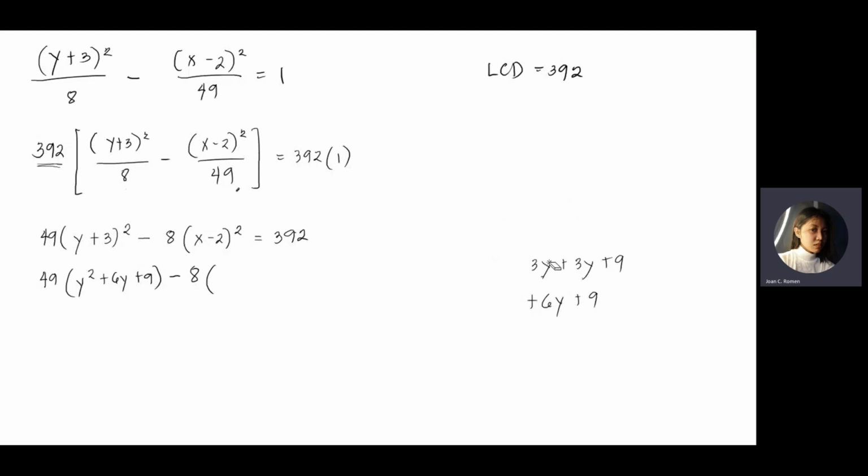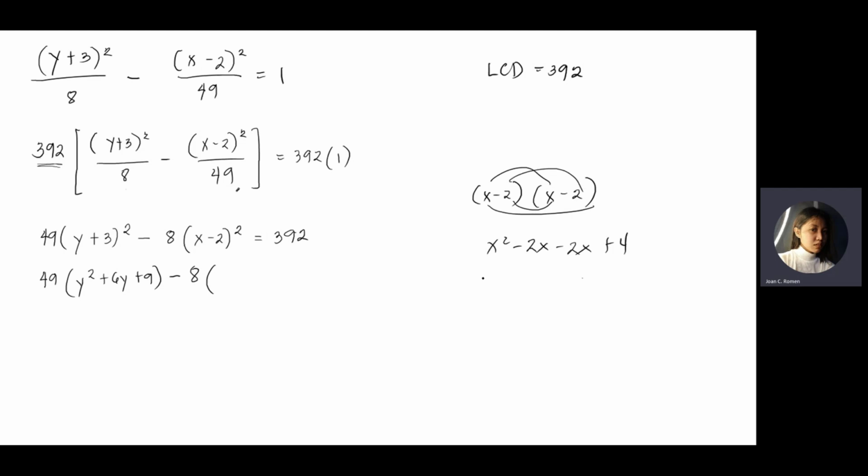Again, you can use the FOIL method kung mas komportable doon, and pwede rin naman po yung formula para sa square of binomials. So, (x minus 2) squared is same lang kay x minus 2 multiplied by x minus 2. So, x times x is x squared. X times negative 2 is negative 2x. Negative 2 times x is negative 2x. And negative 2 times negative 2 is positive 4.